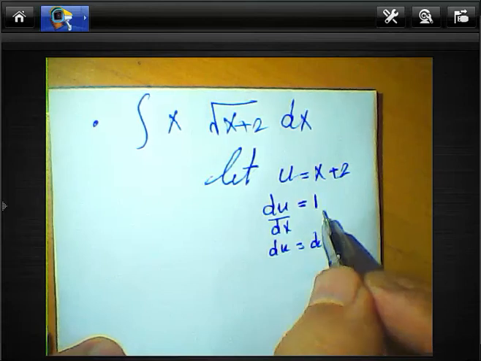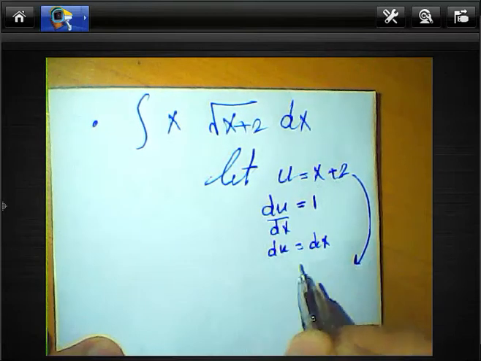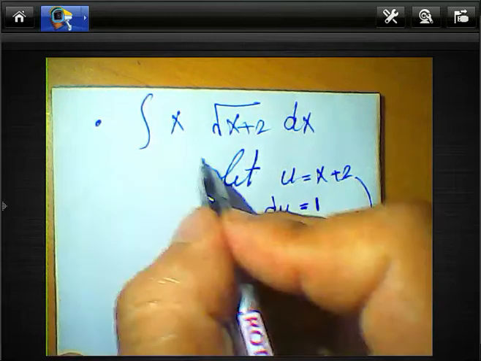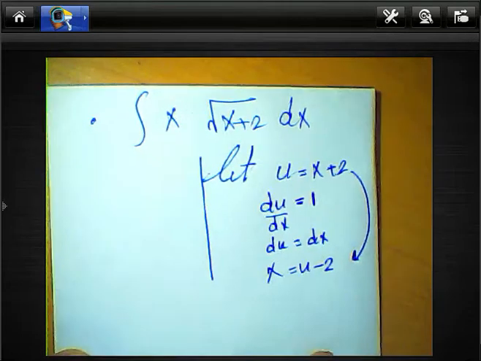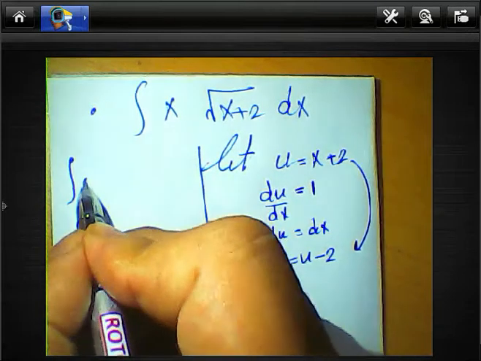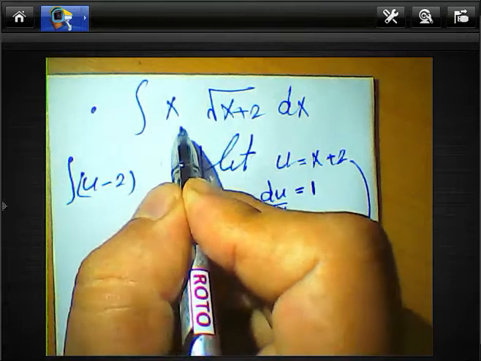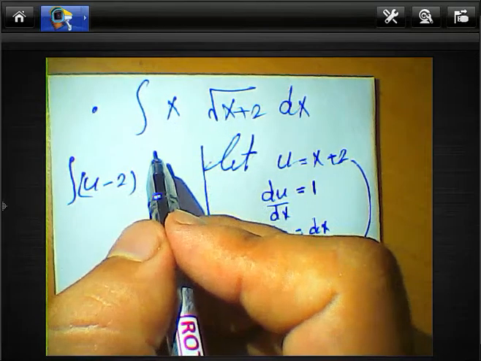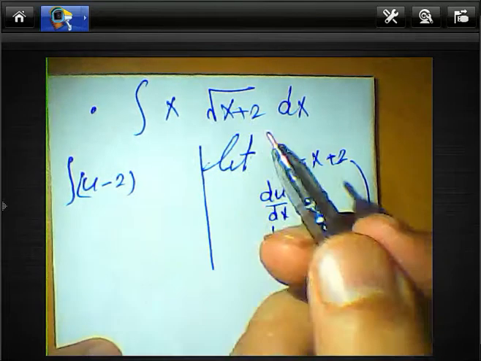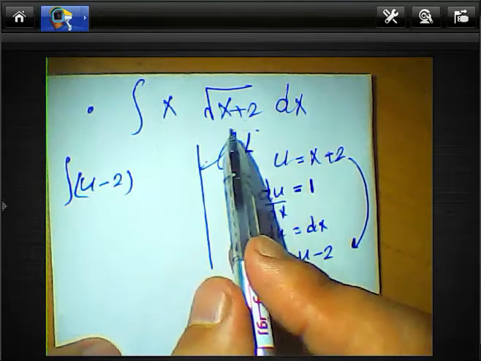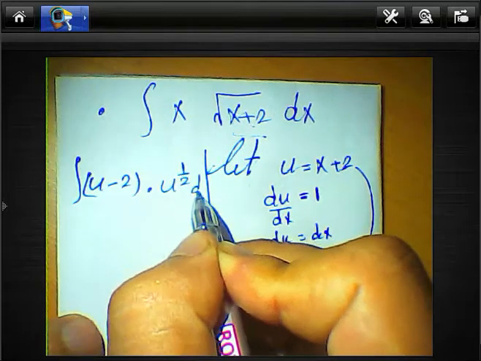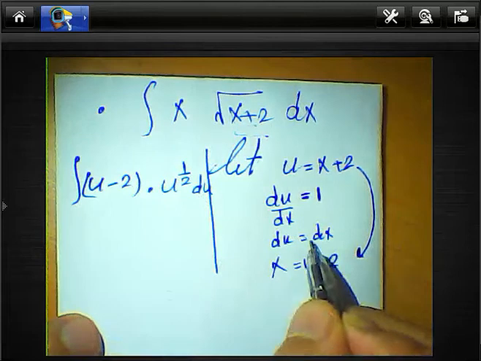It's okay, and we know from this expression x will be u subtract 2. So in this term we can cancel x and write u subtract 2, so the integration will be u subtract 2 in brackets, and the square root of this expression, which was u, is u power half, multiplied by dx equals du.